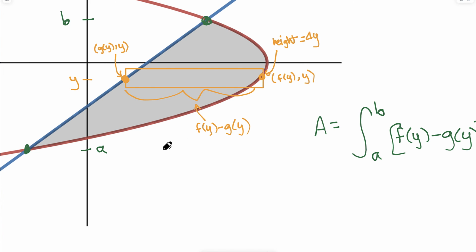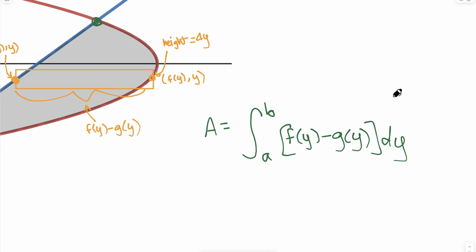And delta y is what we would want to be approaching 0 if we wanted to fill this with an infinite number of rectangles. And that's exactly what this notation says. We've got the width of the rectangle times the height. And this dy notation paired with the integral tells me that we're letting that change in height approach 0.